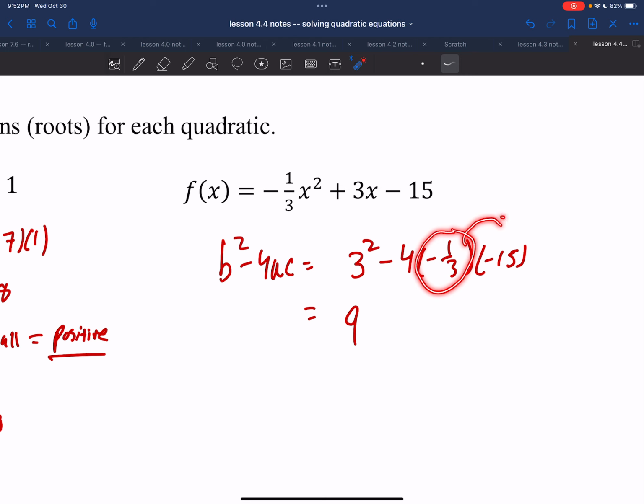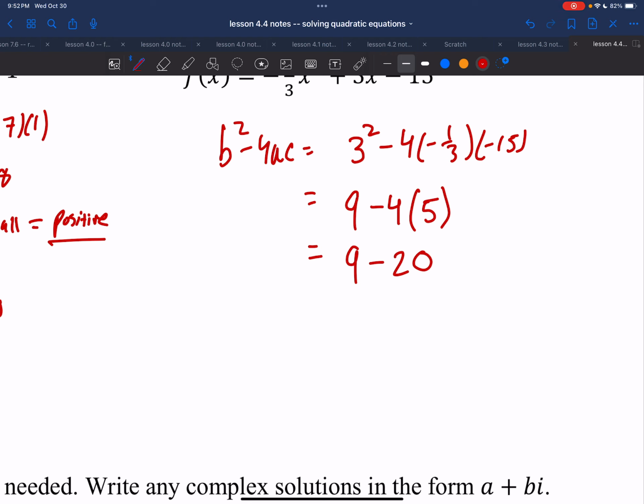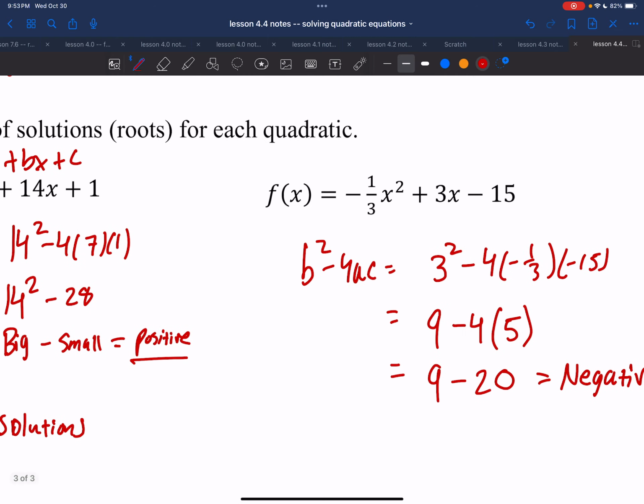Negative 1/3 times negative 15. That's like saying negative 15 divided by negative 3. And negative 15 divided by negative 3 is just positive 5. So this says 9 minus 4 times 5, which is 20. And of course, 9 minus 20, well, that's going to be negative, right? This is going to be a negative result.